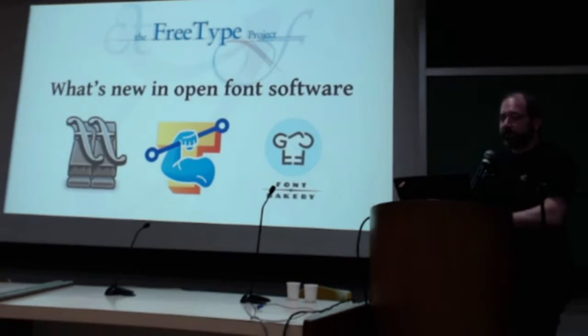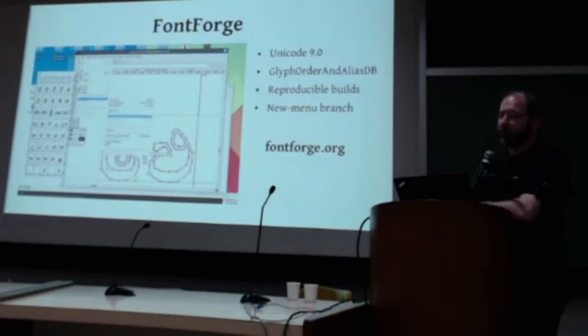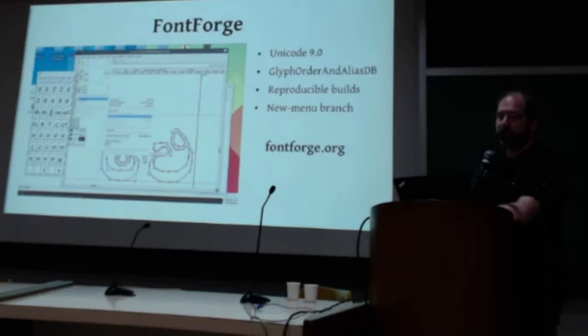So, more font-related stuff. Nathan Willis has compiled an overview of some further font-related utilities. And FontForge, which many of you might know, is in a stable state these days, and there is still ongoing development. The most recent updates include adding support for Unicode 9.0 and support for the glyph order and alias DB metadata file format used by many command line tools like Adobe's font development kit for OpenType.